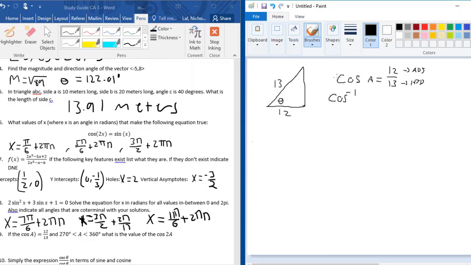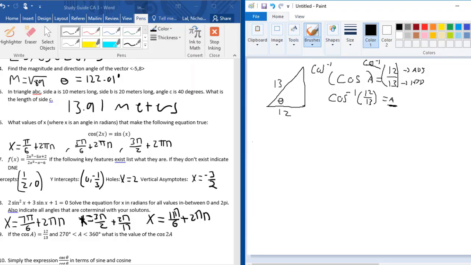So the inverse cosine of 12 over 13 is equal to A. Inverse cosine cancels out cosine, giving me angle A.